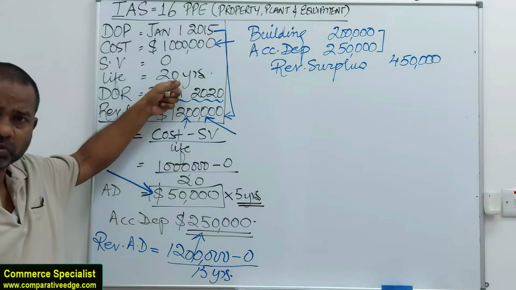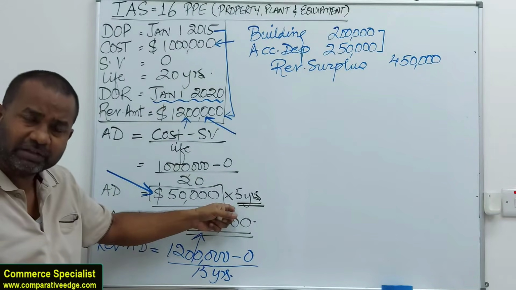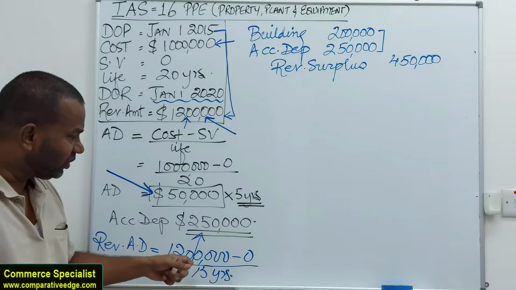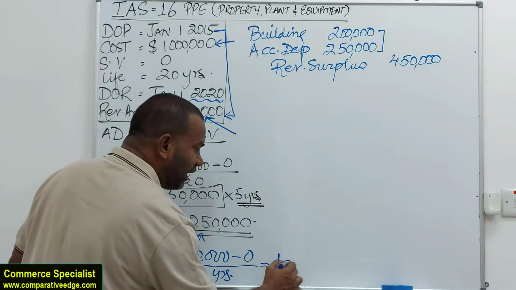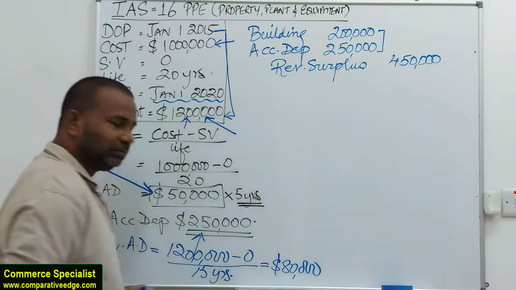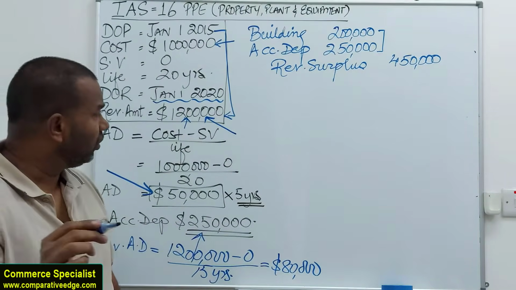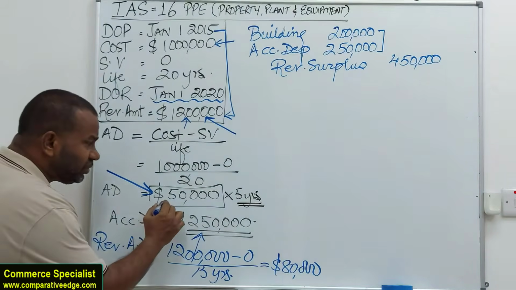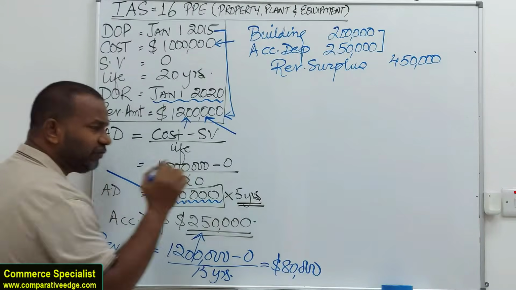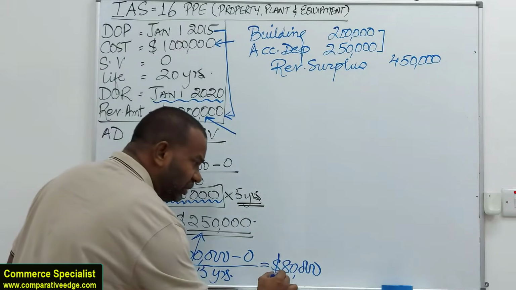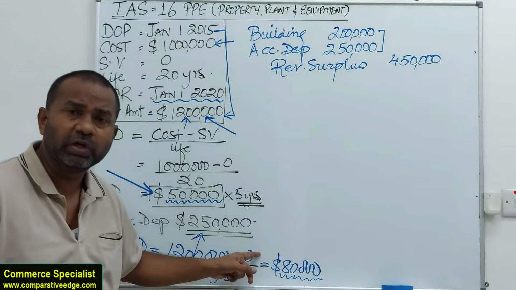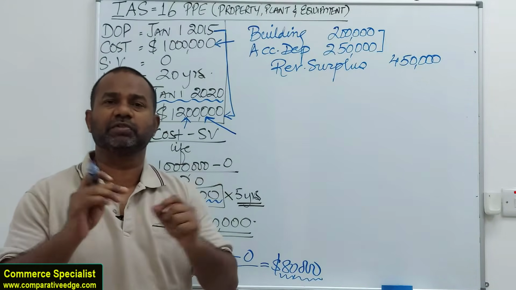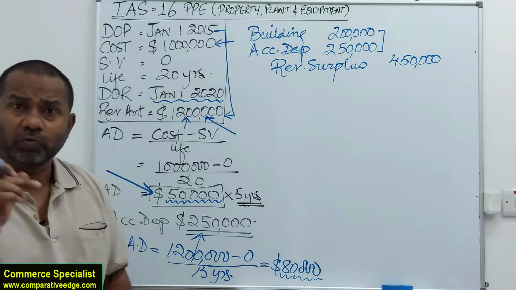20 years was the original life. You used it for 5 years. Now the remaining life, you divide by the remaining life. So your revised annual depreciation comes to 80,000. So please note, your original depreciation before revaluation was 50,000. After revaluation, your annual depreciation is coming to 80,000. The difference between these two is known as excess depreciation. And how do we record it?